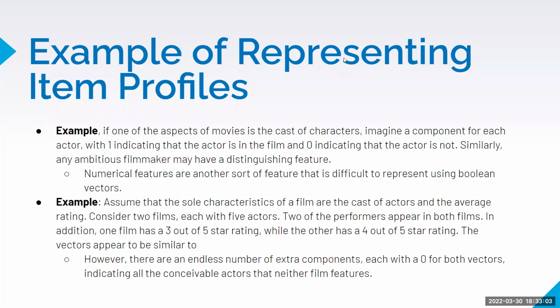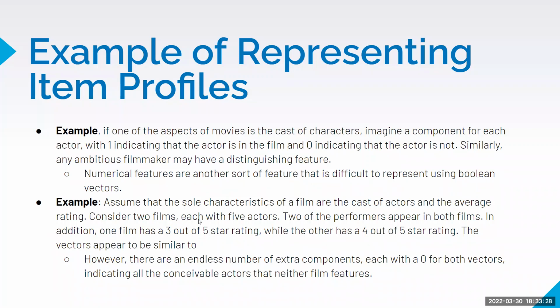Now let's take one more example, similar to the previous one but with more components. Now we're taking the cast of actors and average rating. Consider two films which have five actors. Two of the performers appear in both films, and one film has been given a rating of 3 out of 5, another 4 out of 5.